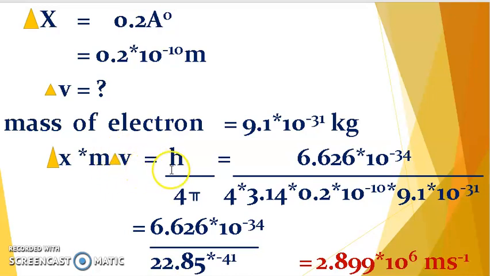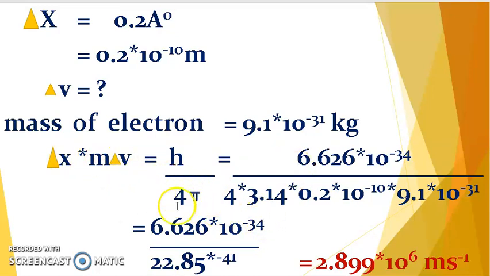So for that, del v is equal to h divided by 4 pi, so here m will come down and del x will come here, no? Correct. So what equation will you get? Del v is equal to h divided by 4 pi into del x and m. Okay, got it.